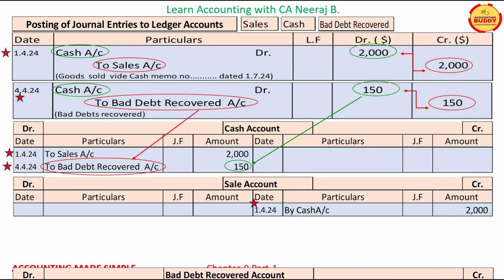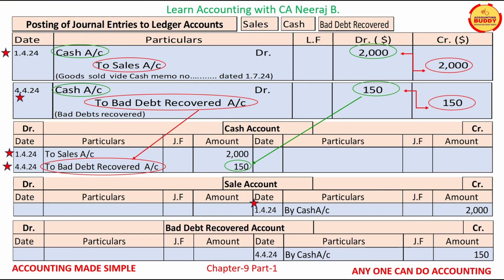The bad debts recovered, being income, is credited to the bad debts recovered account. Therefore, this entry will be posted on the credit side of the ledger account of bad debts recovered account with $150 by writing the words "by cash account". The entry is posted on 4th of April, which is the date of the transaction.